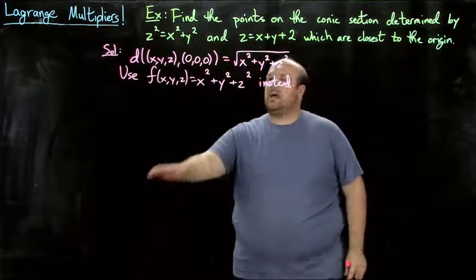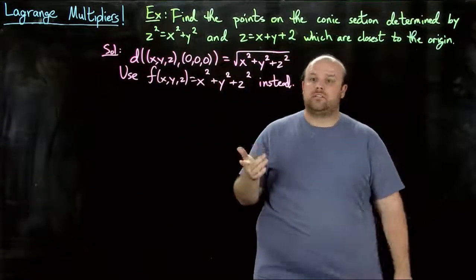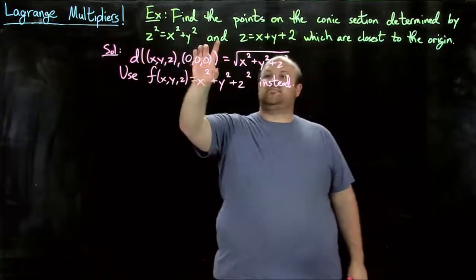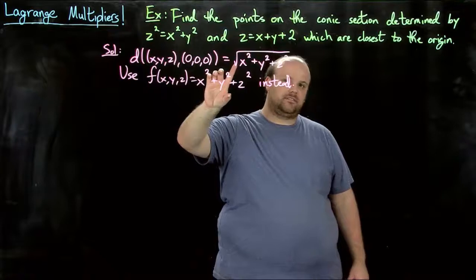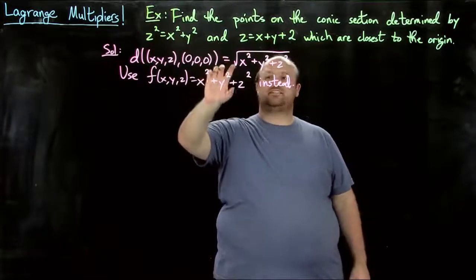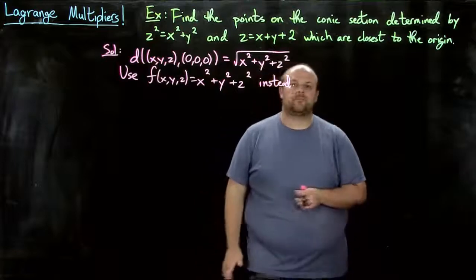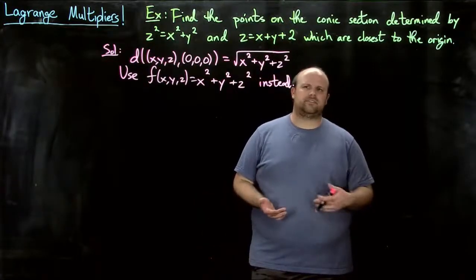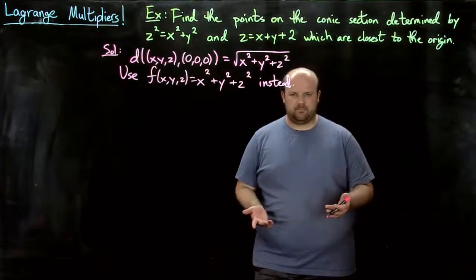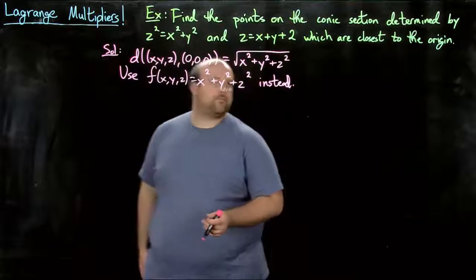Well, f is always positive and d is always positive, and d has minima exactly where f does, which is very convenient. So we don't have to deal with taking the derivative of that square root, because that gets kind of messy.